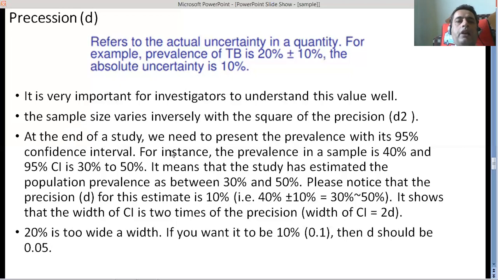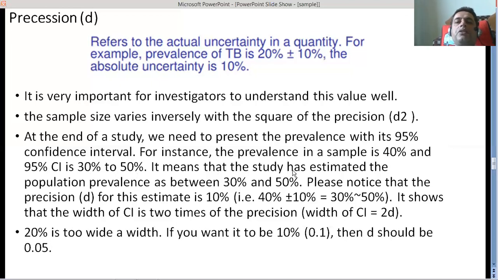At the end of a study, we need to present the prevalence with its 95% confidence interval. For instance, the prevalence in a sample is 40% and 95% confidence interval is 30% to 50%. So the prevalence is 40%, but at 95% confidence interval, it lies between 30% to 50%.